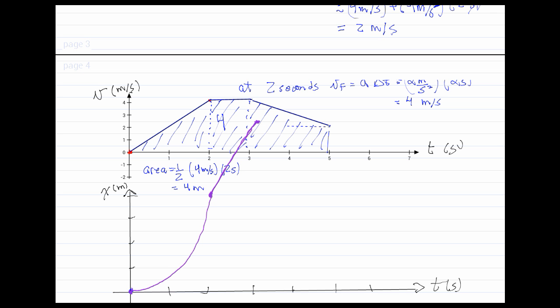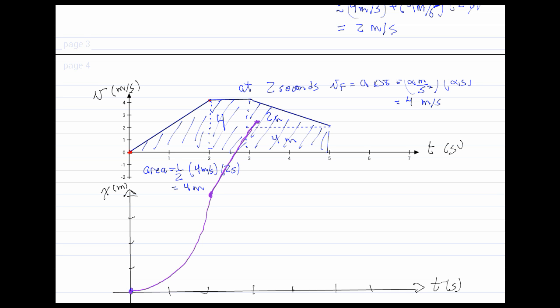There's this rectangle here underneath this dashed line, and there's a triangle. So the area of the rectangle is 2 times 2, which is 4 meters, and the area of this triangle here is half of that, so it's 2 meters. So there's 6 meters here. So the change in position is 6 meters.